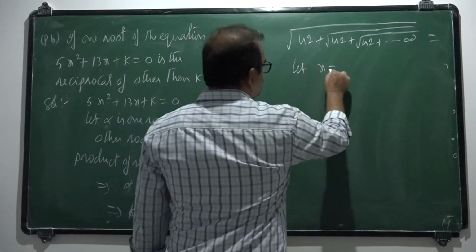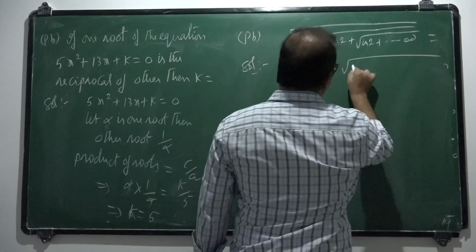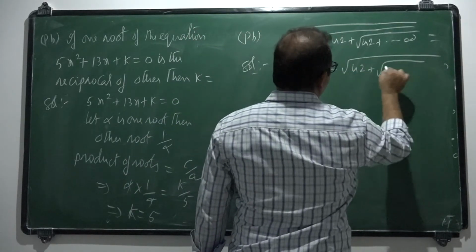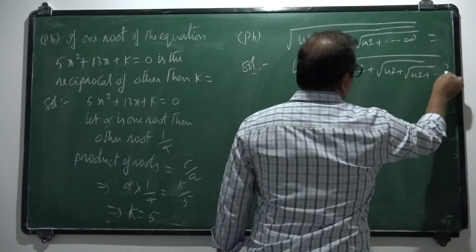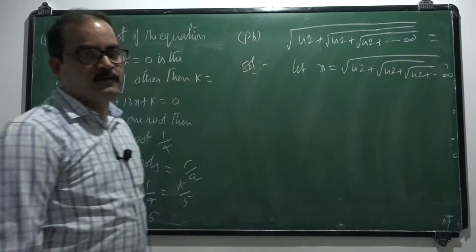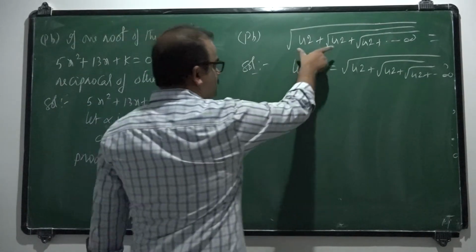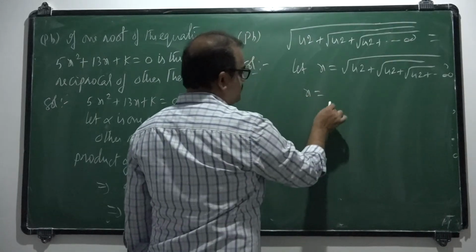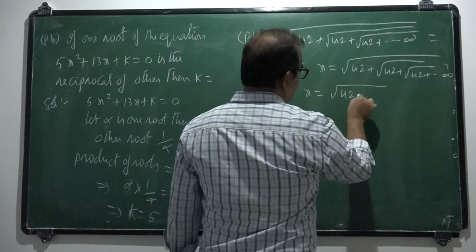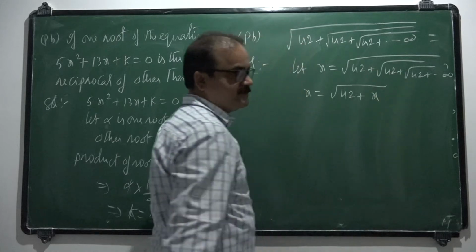Let x is equal to root of 42 plus 42 plus so on infinity. Take this value as x. Now we write x is equal to root of 42 plus x.